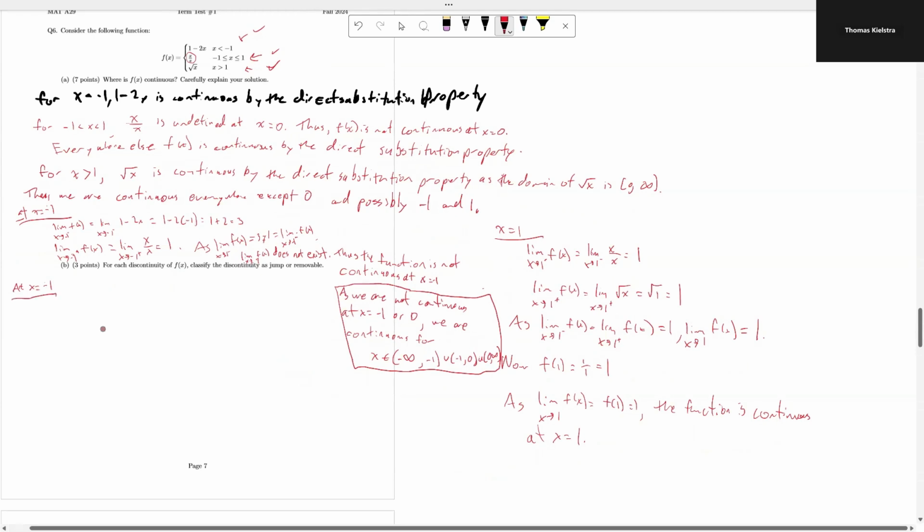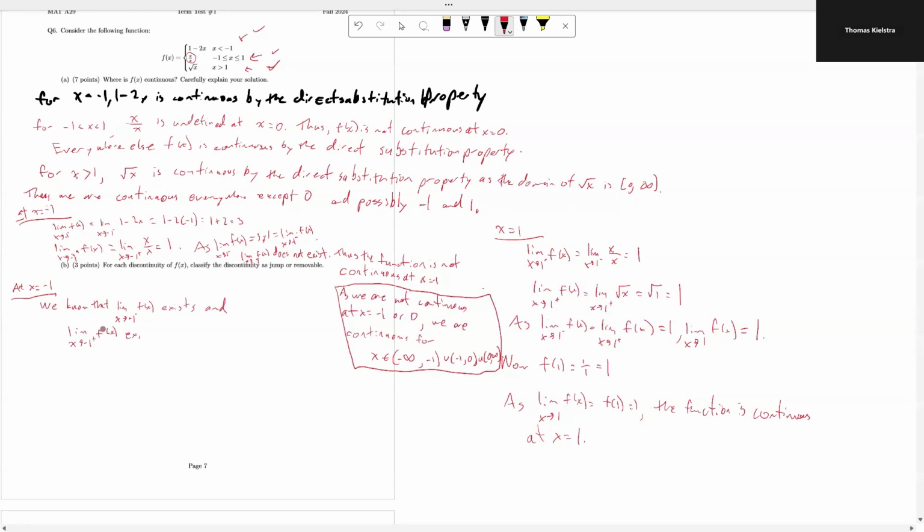So for x equals minus 1, we know that the limit as x approaches minus 1 from the negative side of f of x exists, and the limit as x approaches minus 1 from the positive side of f of x exists, but they are not equal.